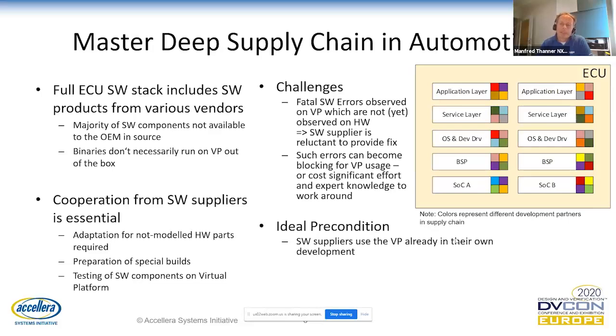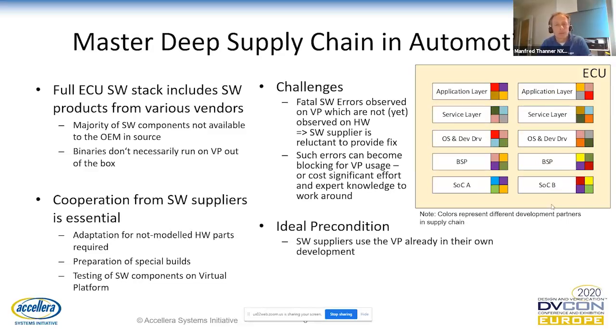And what you see here on the right-hand side with the different color depiction is that each ECU has a very heterogeneous supply chain from a software perspective. So there is semiconductor vendor software, there is commercial operating system or communication stack vendors, there is functional software, there is tier one software, there is also OEM software in various forms.